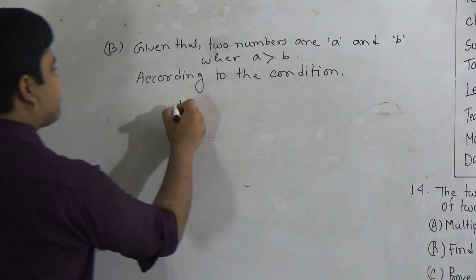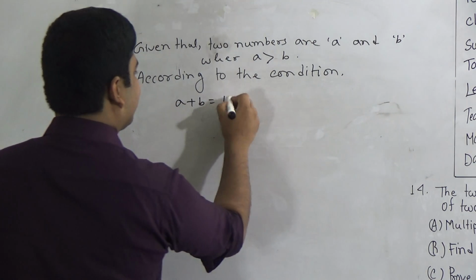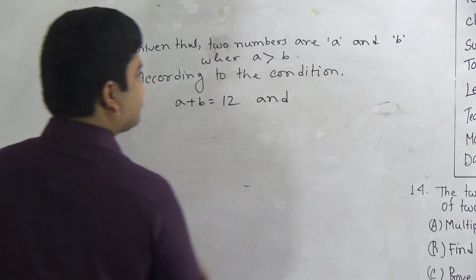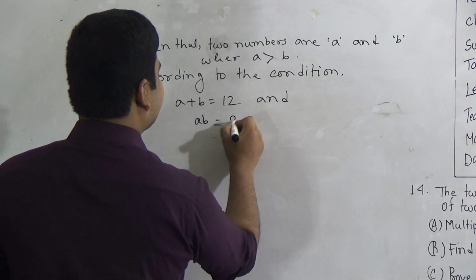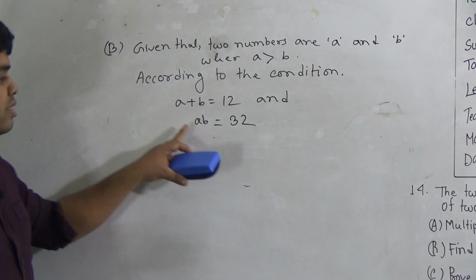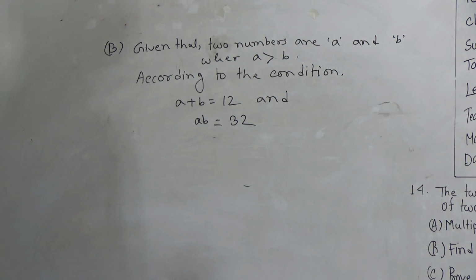That means A plus B equals 12, and the product of two numbers, that means AB, equals 32. By using these two pieces of information, we shall solve question number B.